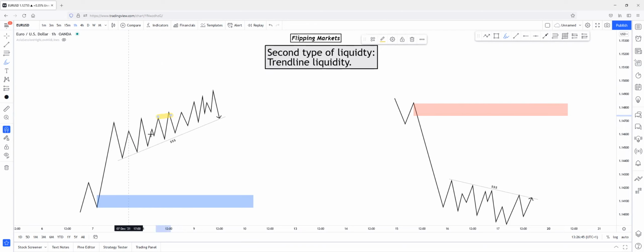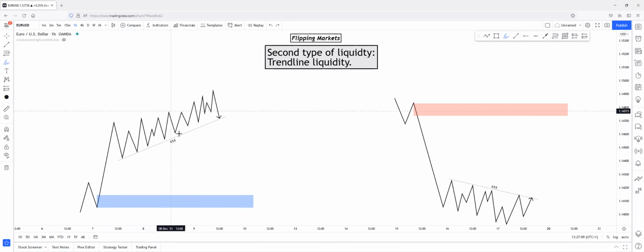So if price turns into this phase, we will call this a liquidity trend line, because price is breaking structures to the upside slowly, creating new highs, new lows, new highs, new lows, and these new highs and lows will form a trend line, because retail traders call this a trend line, and they will open their positions on the trend line touches.